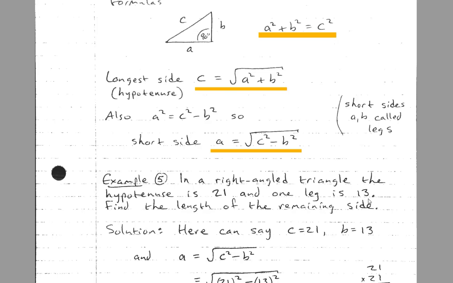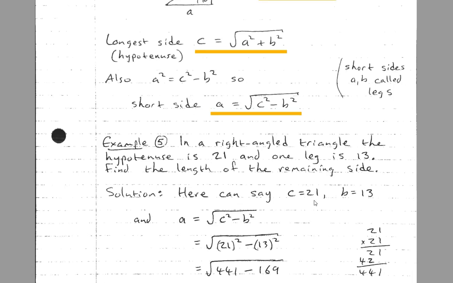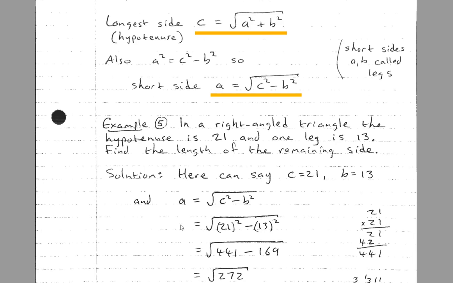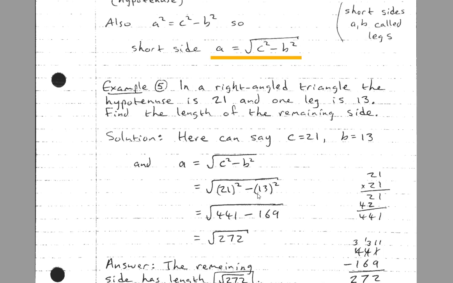One of the short sides is 13. We're looking for the other short side, so we're using the second formula. So c is 21, b is 13, and we're looking for a. So a is the square root of c squared minus b squared. So we need 21 squared minus 13 squared.